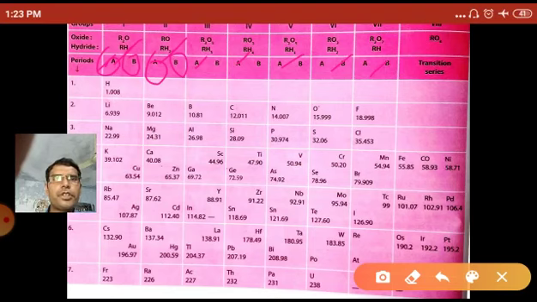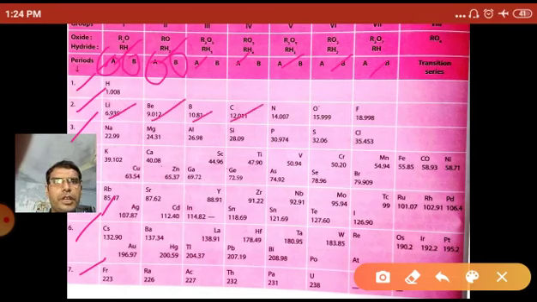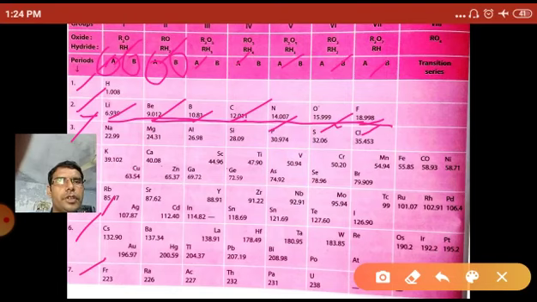They arranged the elements according to the increasing atomic masses. Now this is the first period, second period, third period, fourth period, fifth period, sixth period, and seventh period. Hydrogen, beryllium, boron, carbon, nitrogen, oxygen, fluorine. The elements in a particular period are arranged according to their increasing atomic weight.